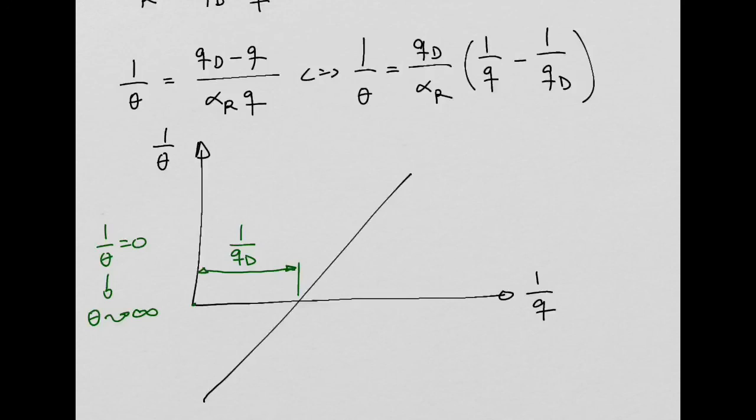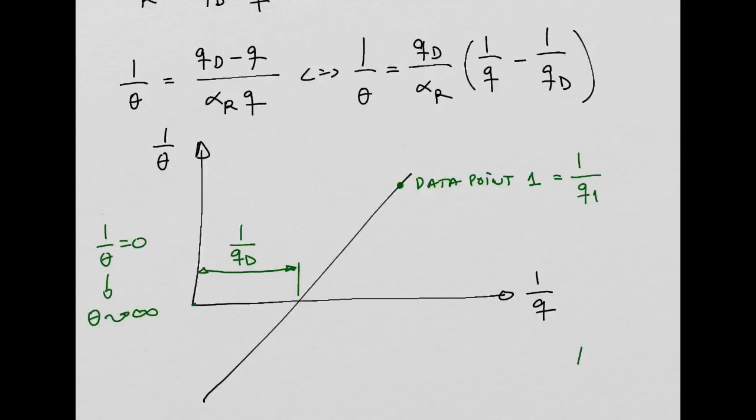But why do I need to have this plot? The reason is, if you are in the wind tunnel, if you are working with a small speed in the wind tunnel, you might get data point 1, which is equal to 1 over Q1.